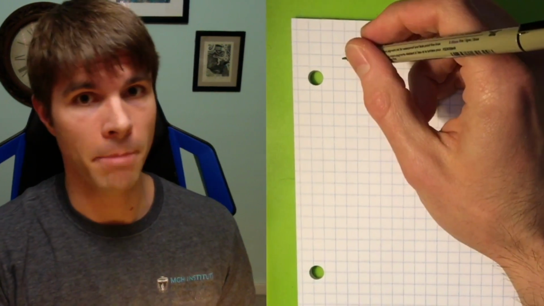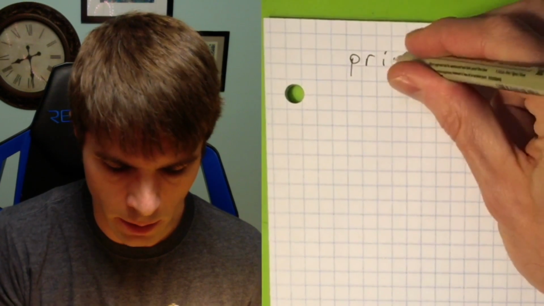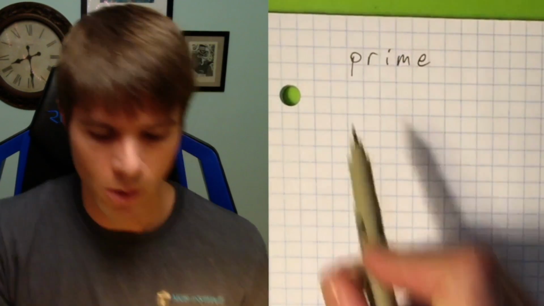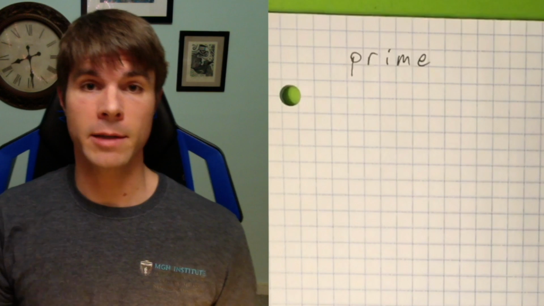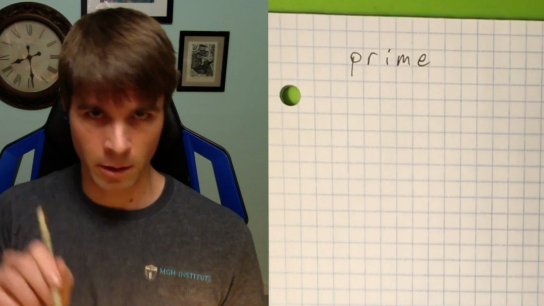We're going to talk about these kinds of numbers, but first, let's get primed and ready by learning how to spell prime. We're going to learn how to spell this using backstacking. So, do as I do, say as I say, go as I go.